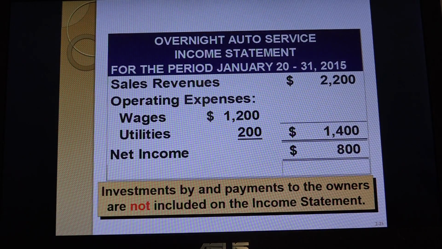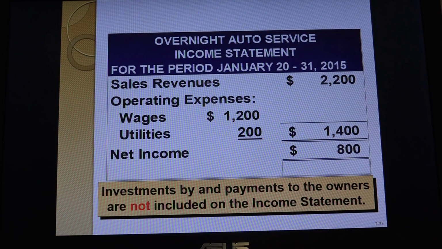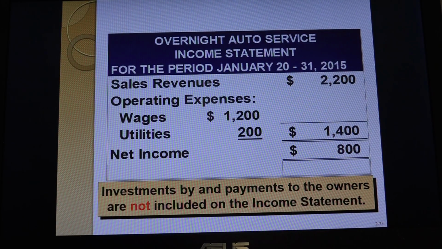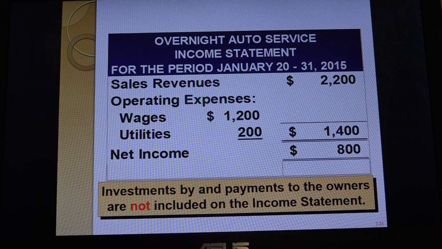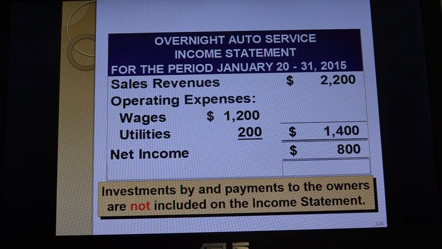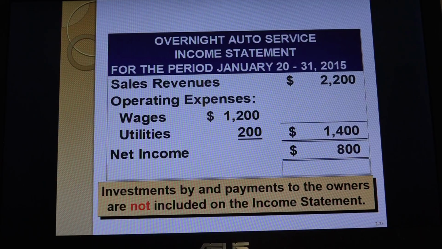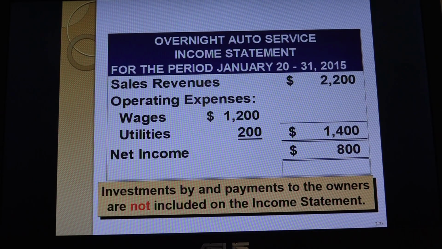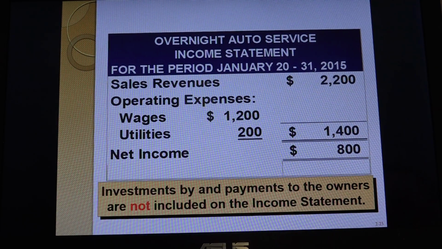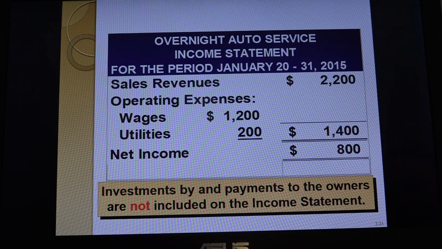All right. The other thing is you have to prepare the statements in a certain order because there's interdependence between the various financial statements. You have to do one before you can do the other. So in preparing these financial statements, you start by preparing the income statement. Okay, so very simple.